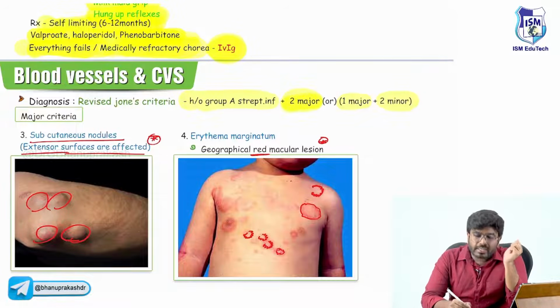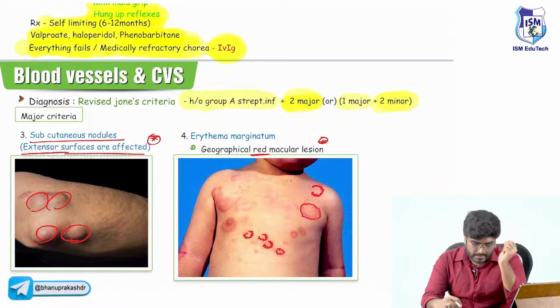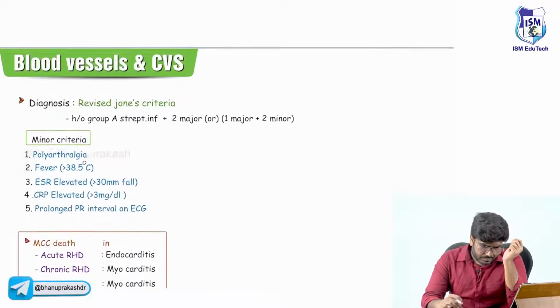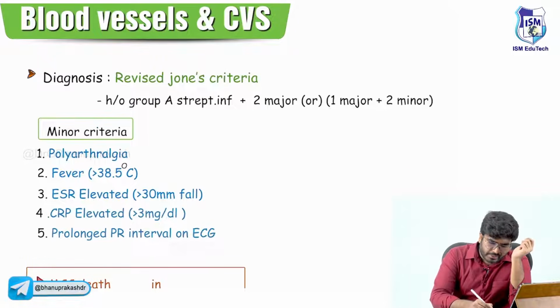We know the 5 major criteria. Then what are the minor criteria? There are 5 minor criteria. Simple. We are discussing the minor criteria now.